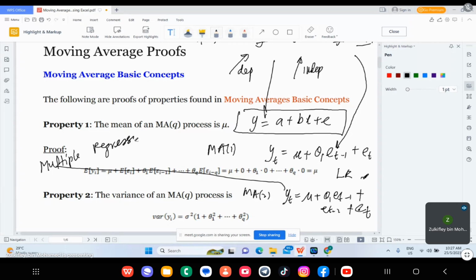Dan untuk multiple regression, dia agak sukar sikit untuk kita mengirakan. Kita perlu ada satu software ataupun kita boleh gunakan SPSS untuk mengira multiple regression.